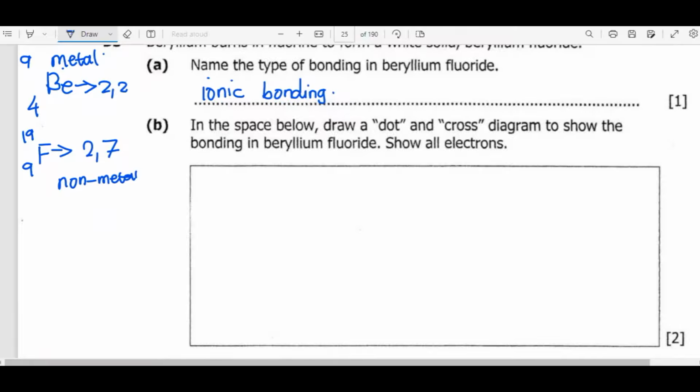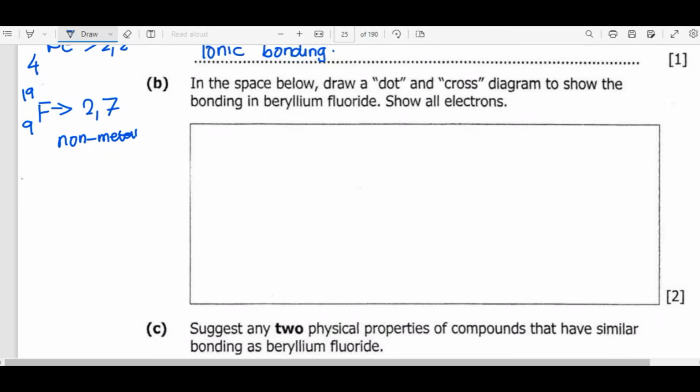Now we go to question B. In the space below, draw a dot and cross diagram to show the bonding in beryllium fluoride. Show all the electrons. Now first, let me draw the atomic structure of beryllium. So beryllium, we are saying we have Be.